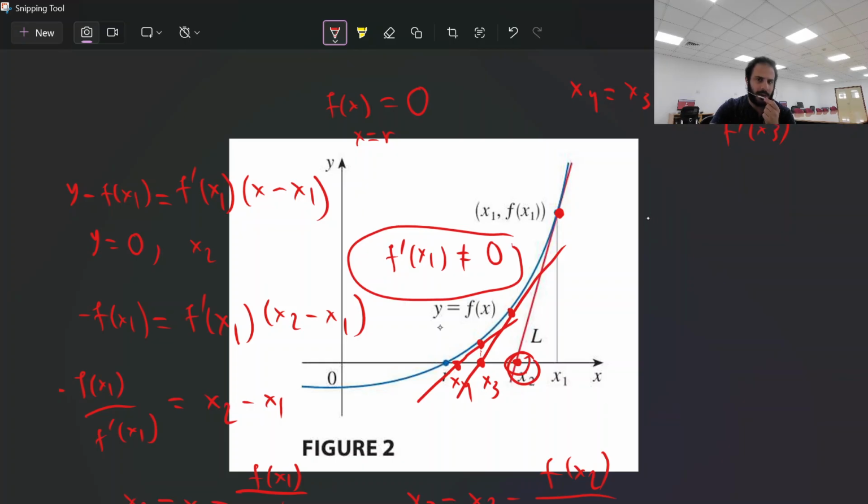Now in general, let's write the formula in general. You have x sub n plus 1 equals x sub n minus f of x sub n over f prime of x sub n. Good.